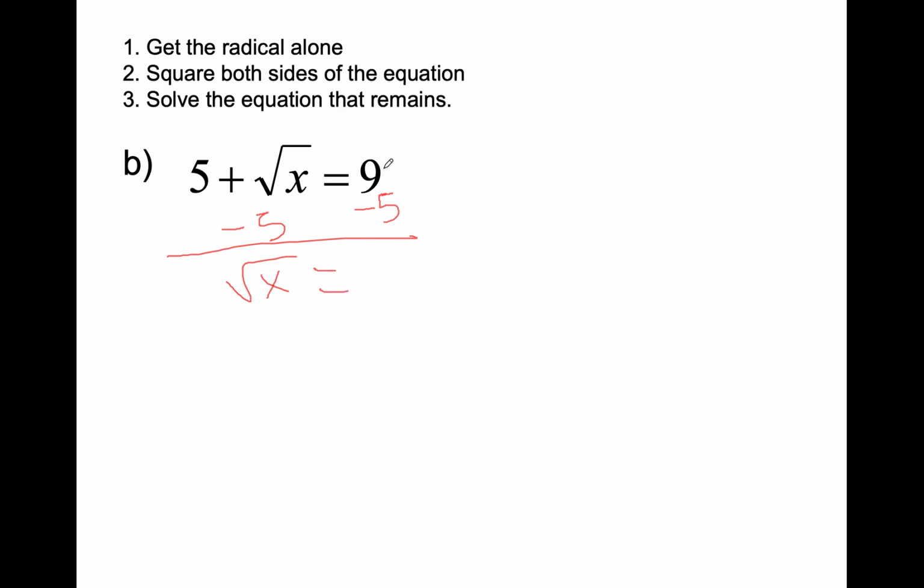On my right side, 9 minus 5 is 4. I'm going to get rid of that radical by squaring both sides. Radical x squared is just an x. 4 squared is 16. x equals 16 is my final answer.